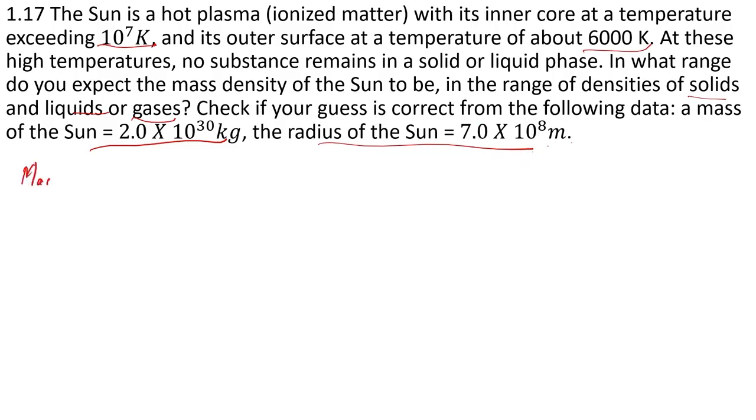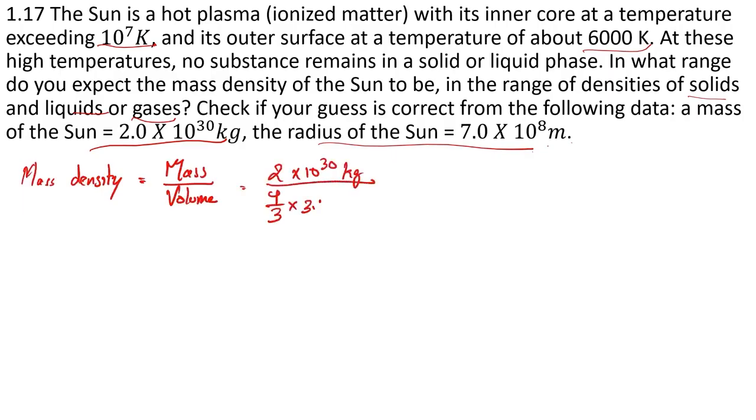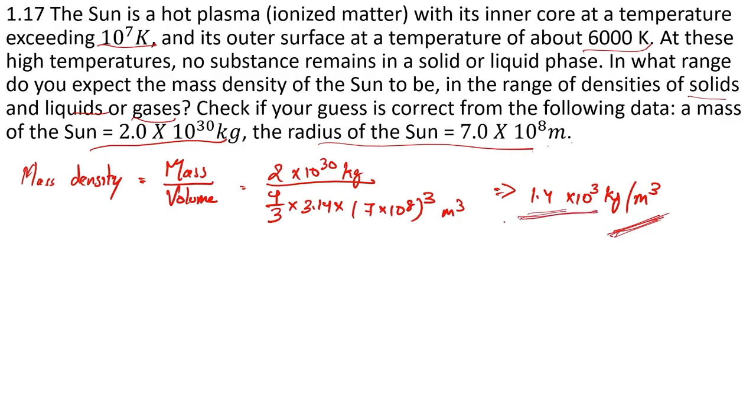Upon using the expression of mass density, we have mass divided by volume. According to the given data, the mass density of the sun would be equal to 1.4 × 10³ kg per meter cube, and we can infer from this data that since a liquid like water has a density of 1000 kg per meter cube, and this range can also be inferred for the density of wood, which is a solid, based on this data we can say that this is absolutely not gaseous.